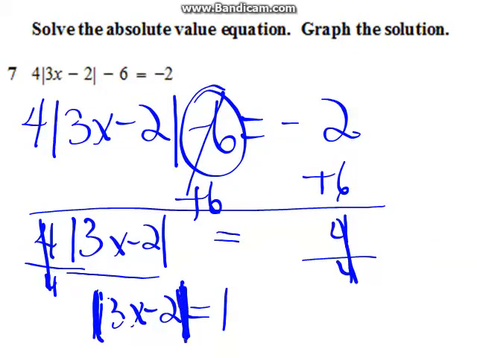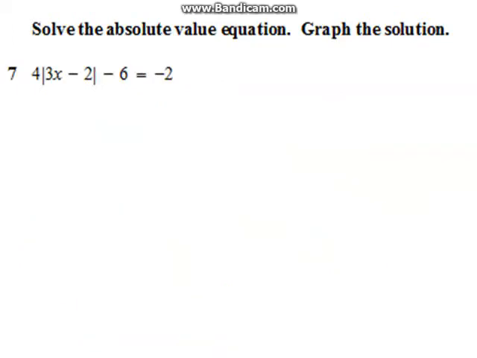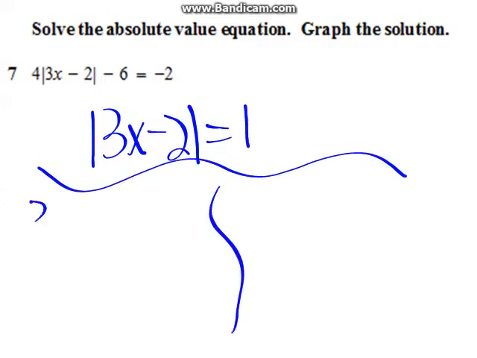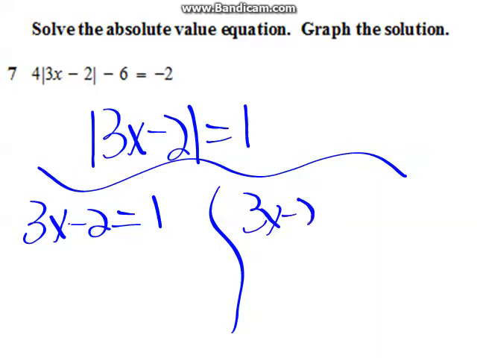We have to solve this as a positive 1 and a negative 1. So we're going to solve it both ways. 3x minus 2 equal a positive 1, and 3x minus 2 equal a negative 1.